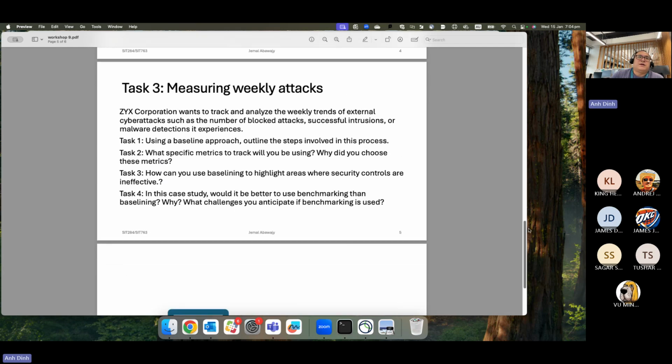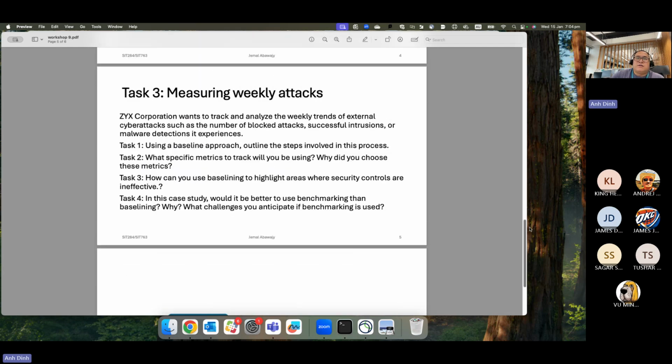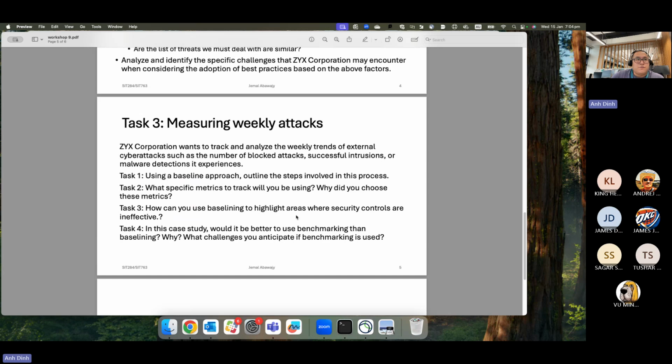And task 3, I think this one is perhaps the most interesting one. You are given a specific goal of tracking and analyzing the weekly trends of external cyber attacks, such as the number of blocked attacks, successful intrusions, or malware detections that the company is experiencing.